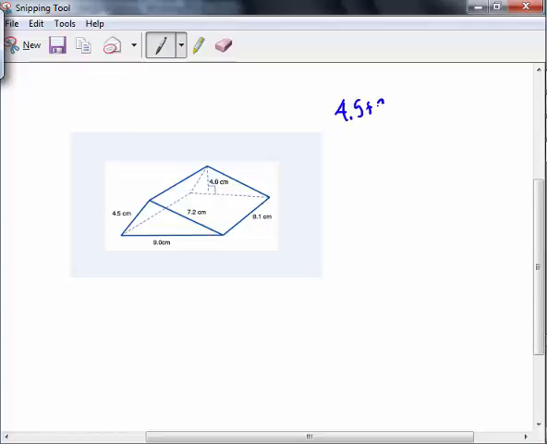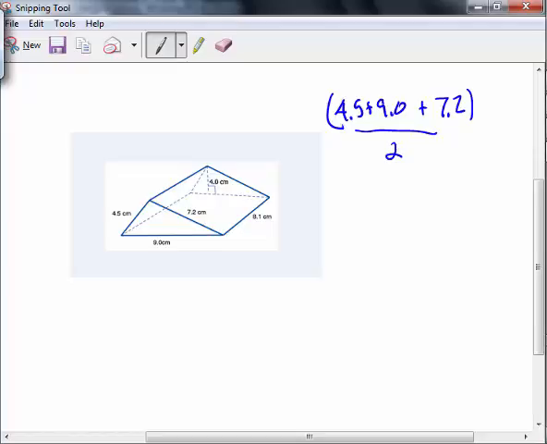So that's 4.5 plus 9.0 plus 7.2, and then you would add that up and divide it by 2.